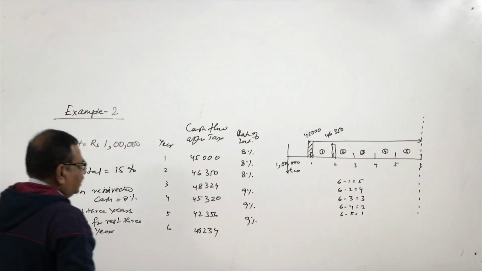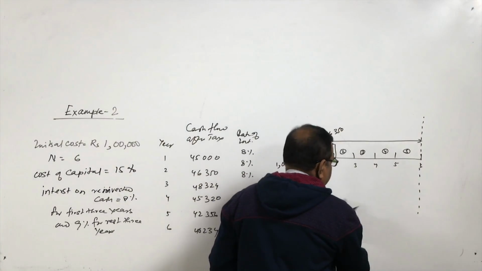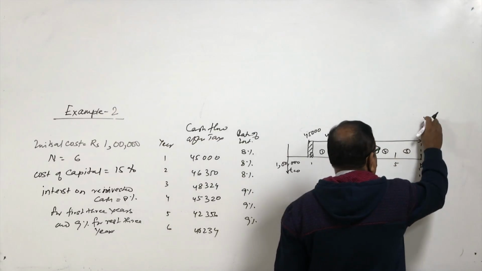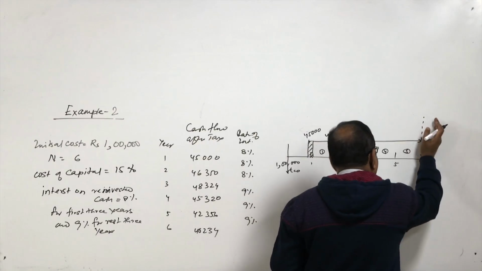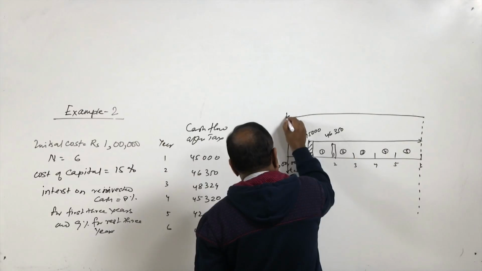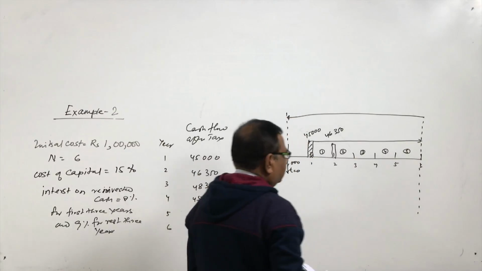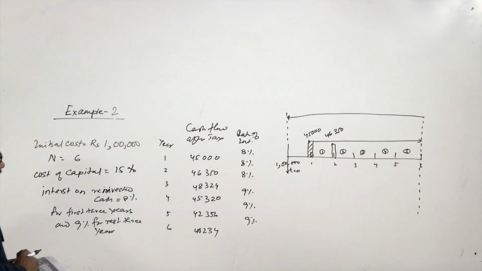So, this will earn money when it is invested, and then I add up all the final values, and then the whole final value is transported back to this. This is the method.